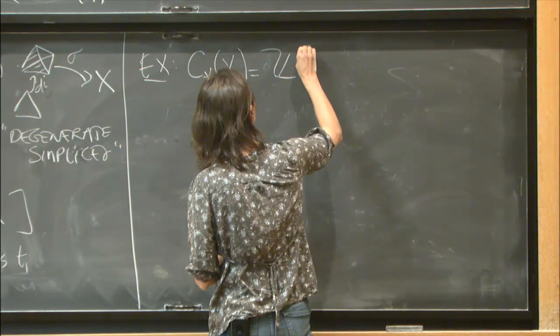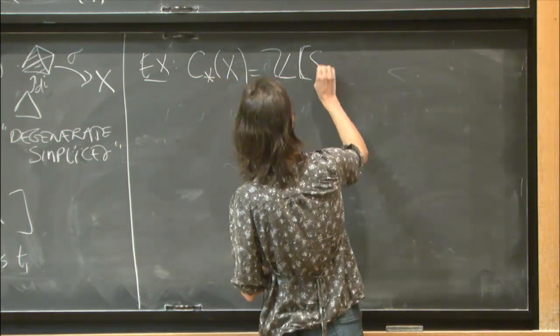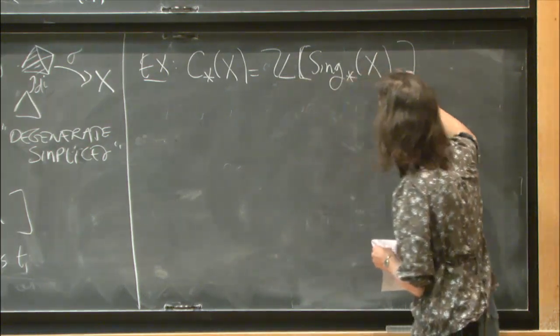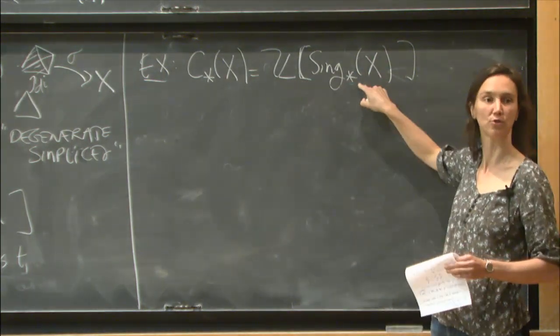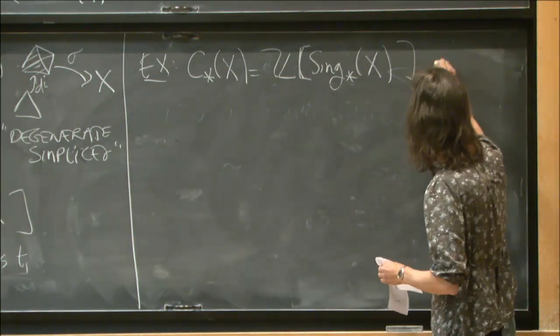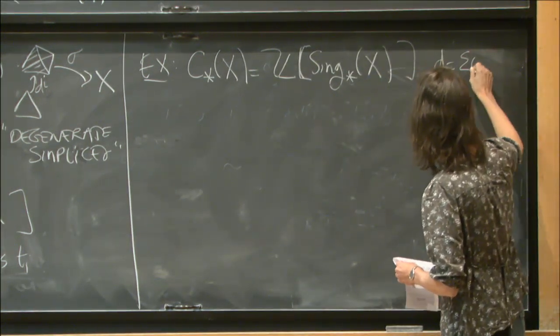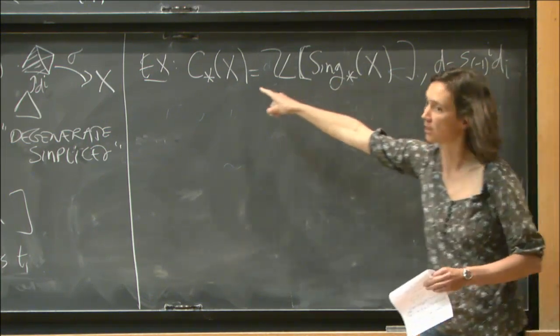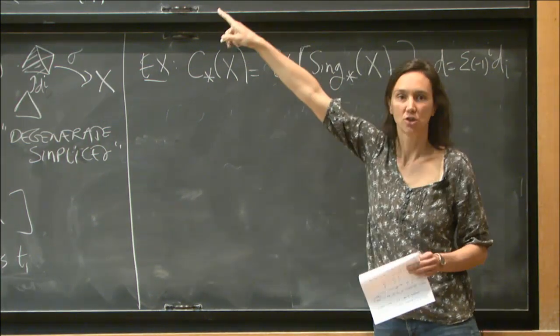If you do Z coefficients, think C star X. We were talking about formal sums of these maps. The differential is the sum of minus 1 to the i times the d_i's.